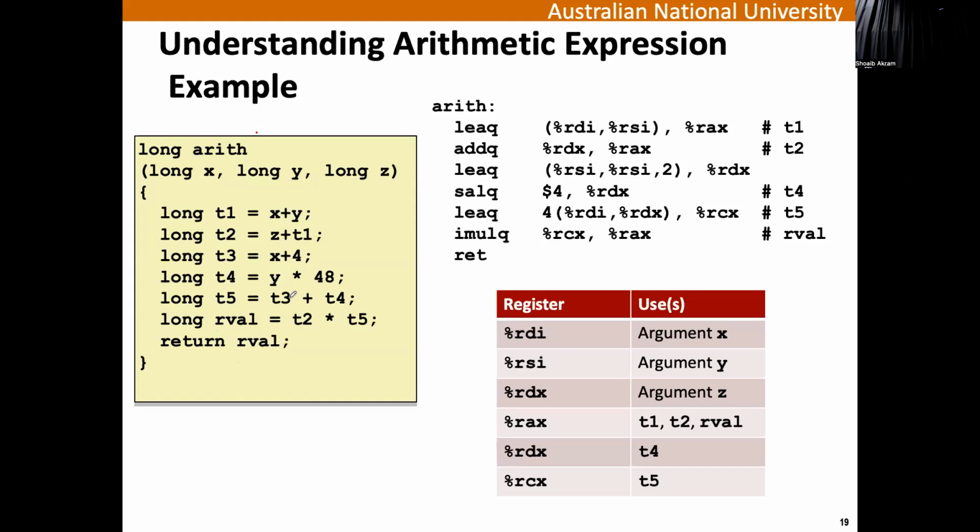All right, so I have this code on the left-hand side. Let's do it quickly. And my variables are stored in these registers, okay? So the first statement is very simple, right? X plus Y, add RDI.